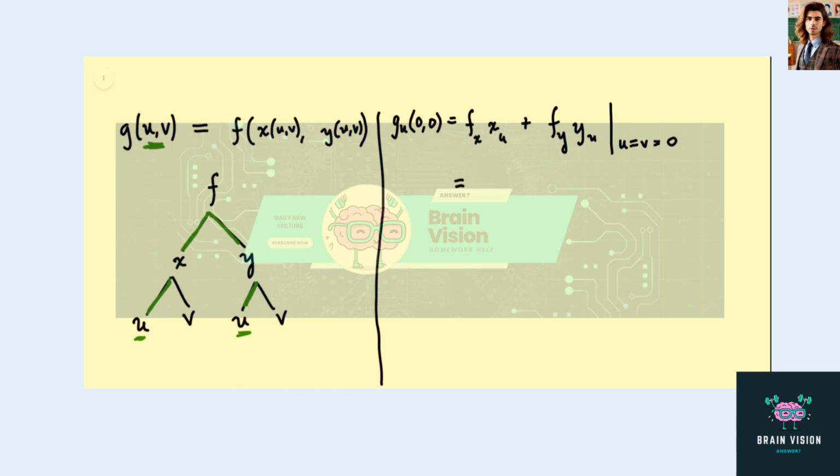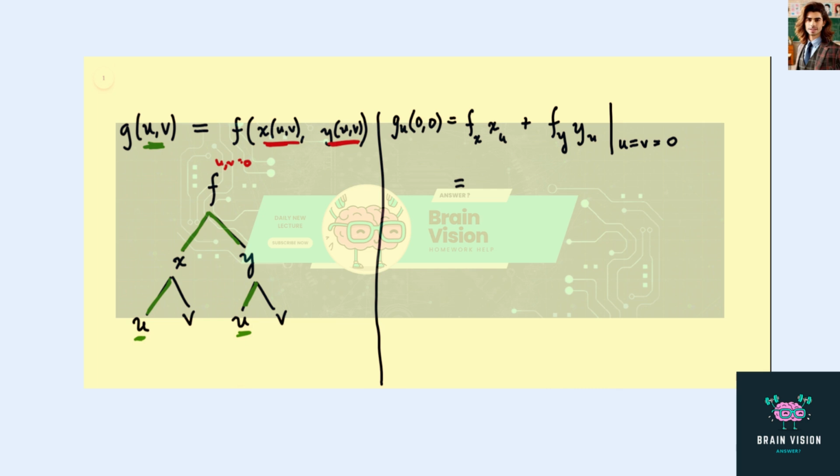f sub x here, f partial with respect to x. When u and v are both 0, we need to figure out what f's inputs are. In other words, when u and v are both 0, what is x?